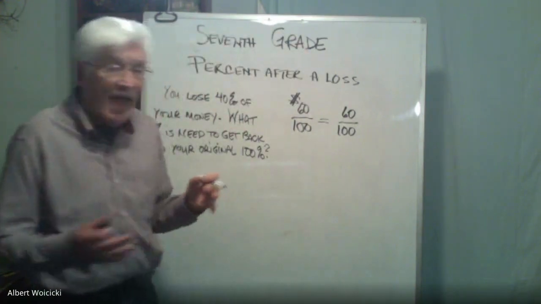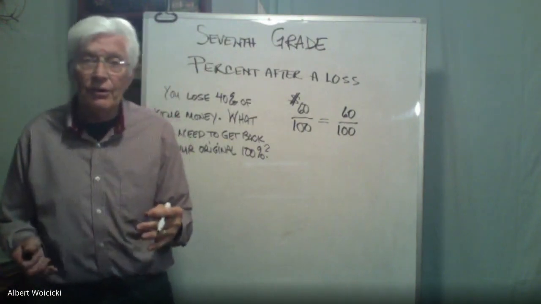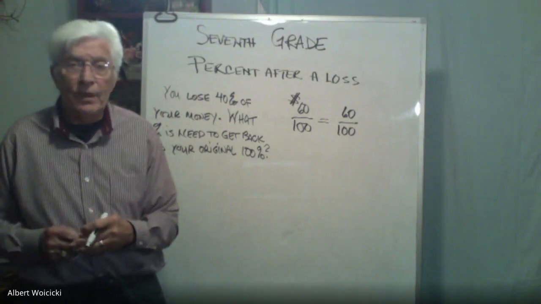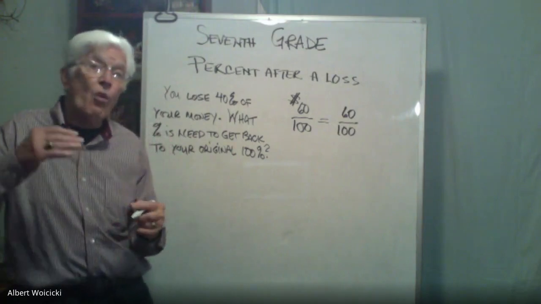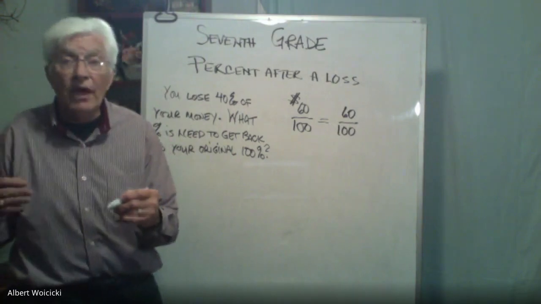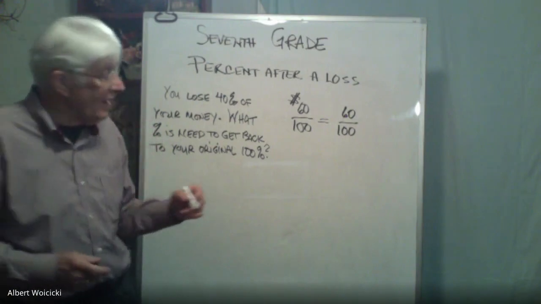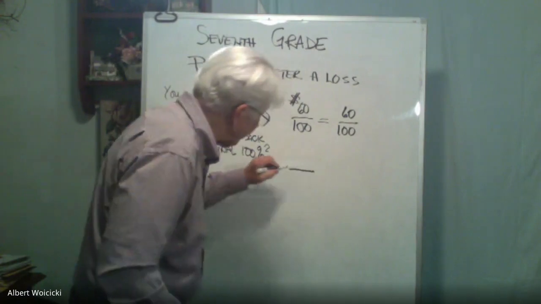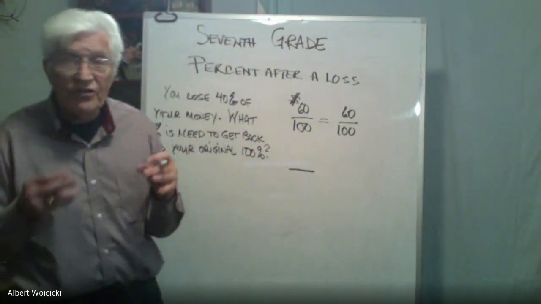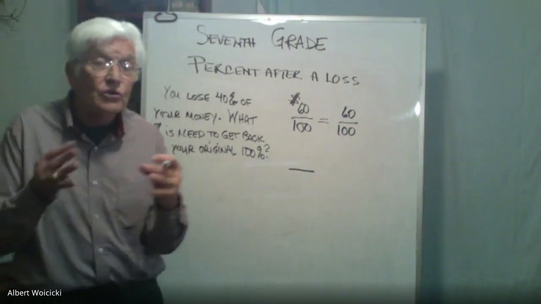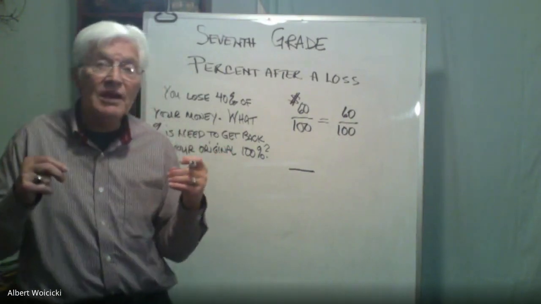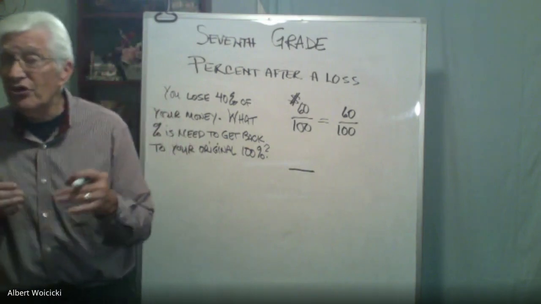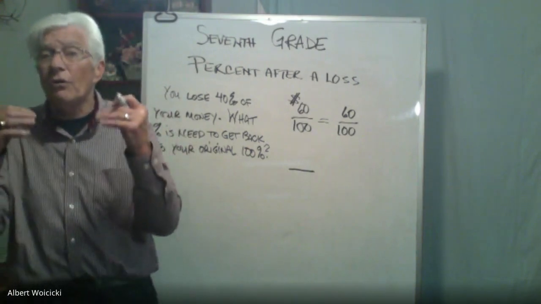So now you're down at $60. You want to get back to the $100 that you started with. But now your new 60, the 60 that you're working from, becomes the 100%.